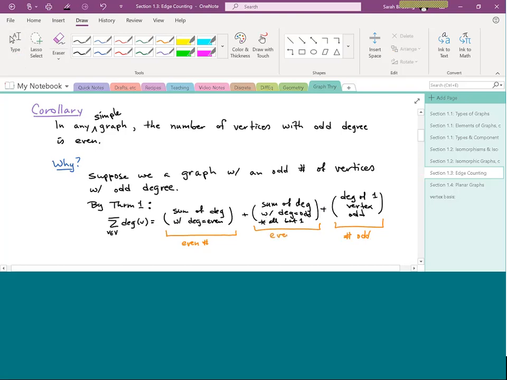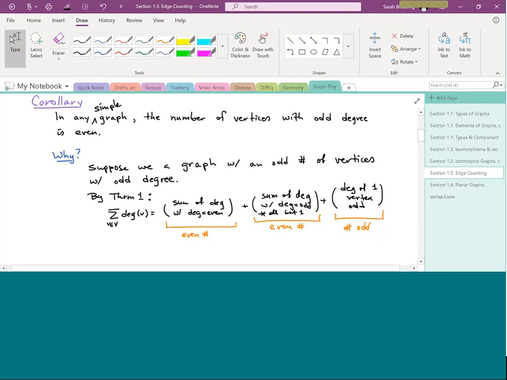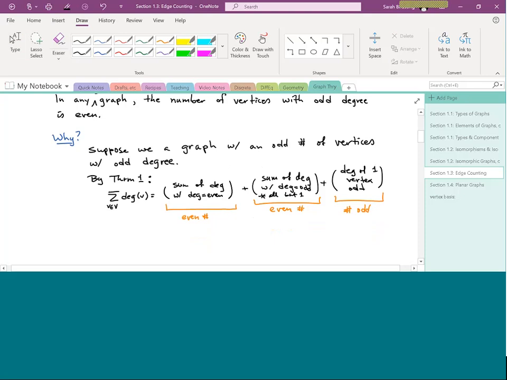also give you an even number, which means we now have some sum that's an even number, some second sum that's an even number, plus an odd number at the end, and if you put that all together, are you going to get an even number or an odd number? What do you guys think? And yes, I see your last comment.